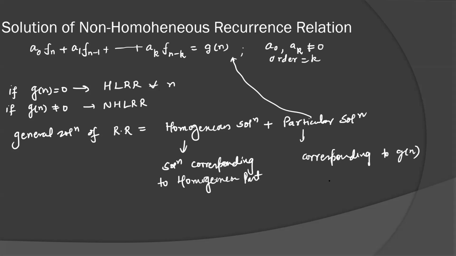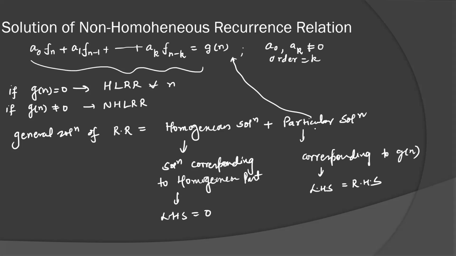If we substitute the homogeneous solution, we get LHS equal to 0, because Gn is 0. The homogeneous solution satisfies the homogeneous part, and the particular solution satisfies LHS equal to RHS.